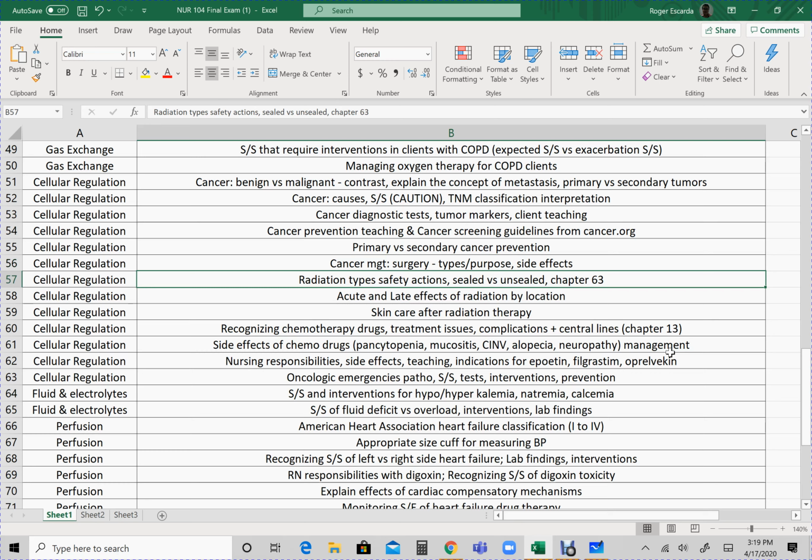Radiation. So this is internal radiation because it's saying sealed versus unsealed. Chapter 63, which I didn't get to in class. Let me show you.